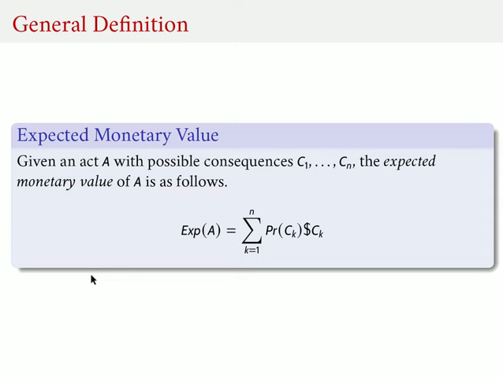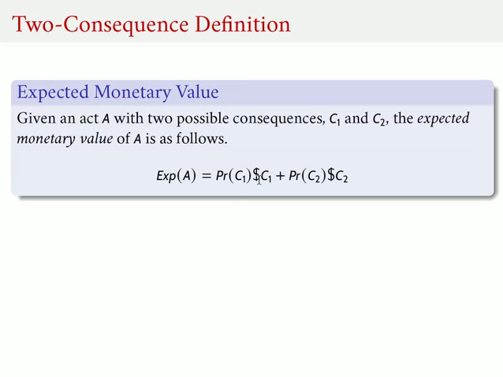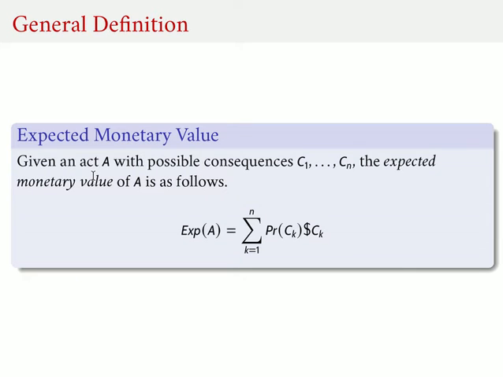So the next thing I want to mention is that we are going to consider gambles and actions which have more than just two possible consequences. And actually the idea behind this formula can be applied no matter how many possible outcomes there are of the action, as long as each of the outcomes has a certain value, either positive or negative or 0, associated with it, and also as long as these outcomes are weighted by probabilities.